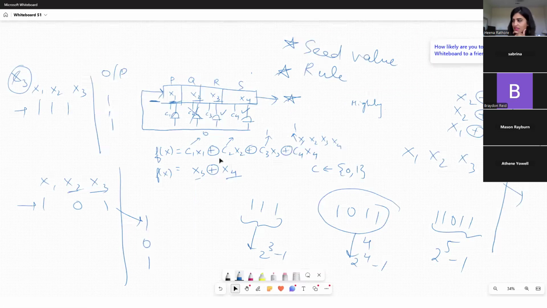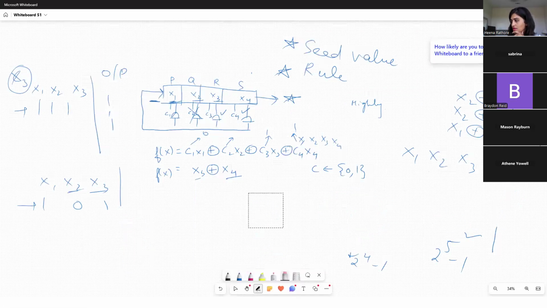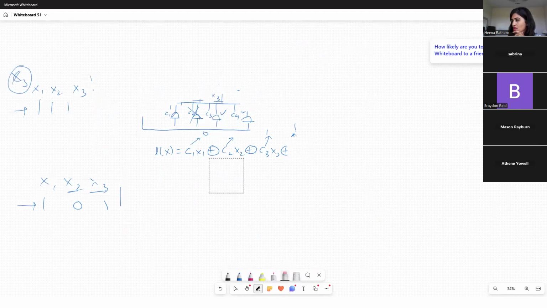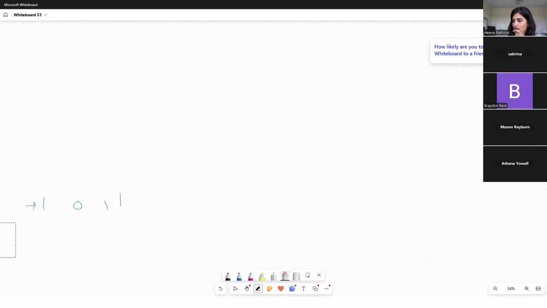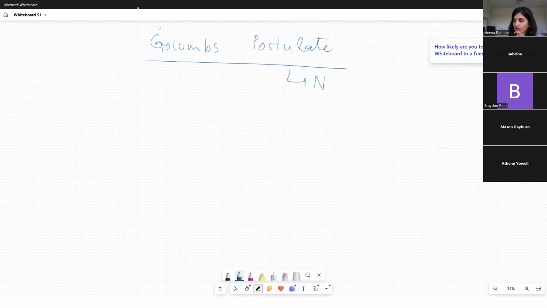So run basically means we are understanding Golomb's postulate, which is used to identify whether a number is random or not, like highly random or not, which means whether a malicious attacker could crack this number easily or not.